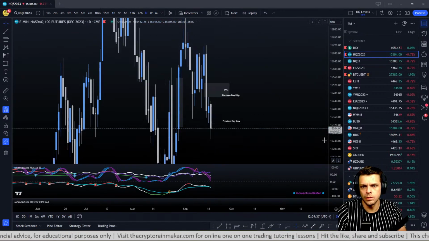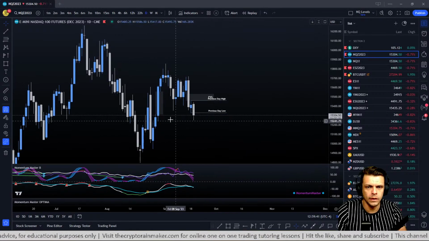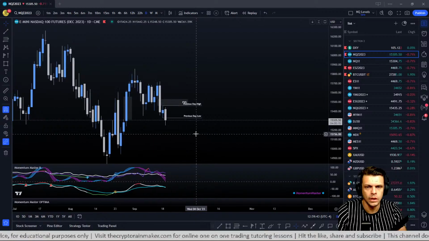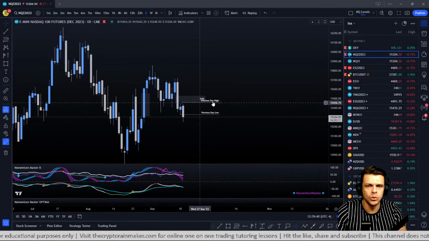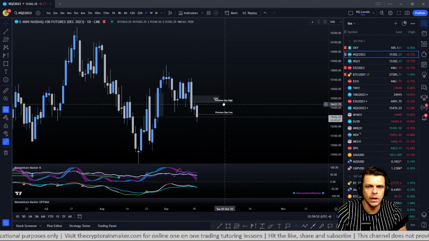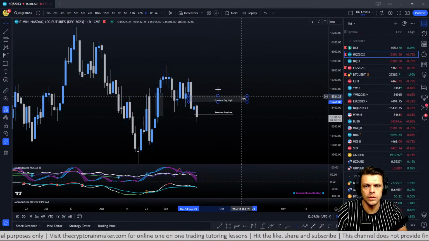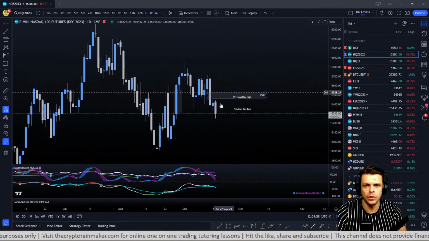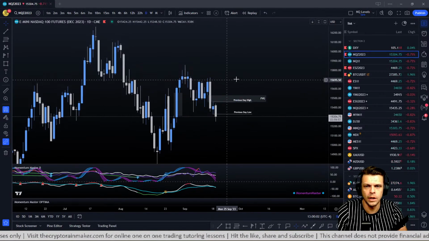And then also considering that we took the previous day low and we came back into a discount on the daily chart, it seems like we could get a small little push back to the upside towards potentially the high of today or the previous day high, where the buy side liquidity will reside. And then we also have this fair value gap on the daily chart, so this could act as a bit of a magnet for price action.